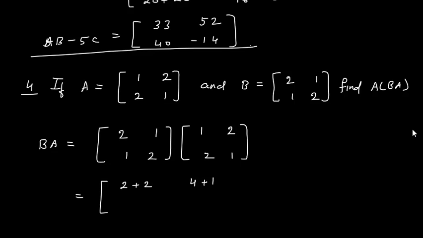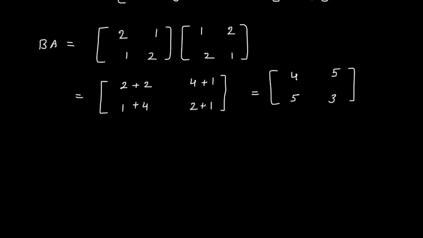Now in second row, 1 into 1 is 1, 2 into 2 is 4, then 1 into 2 is 2, and 2 into 1 is 2. So this is equals to, now here finally 2 plus 2 we get 4, 4 plus 1 we get 5, 1 plus 4 is 5, and 2 plus 1 is 3. So this is our BA.